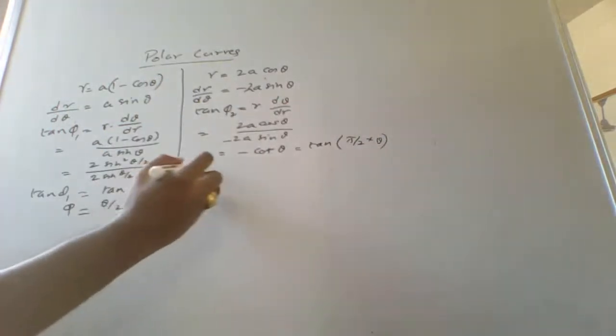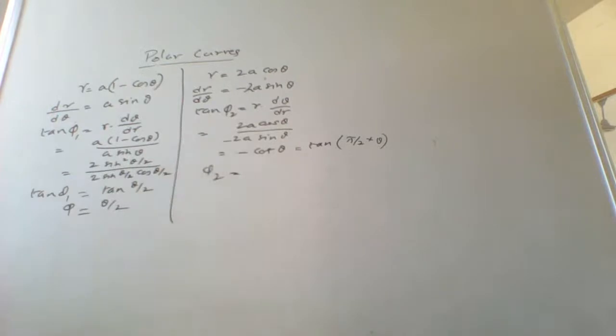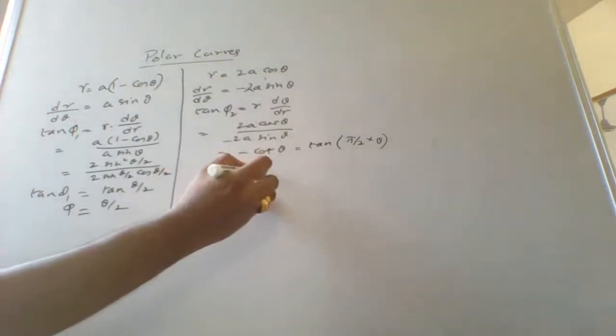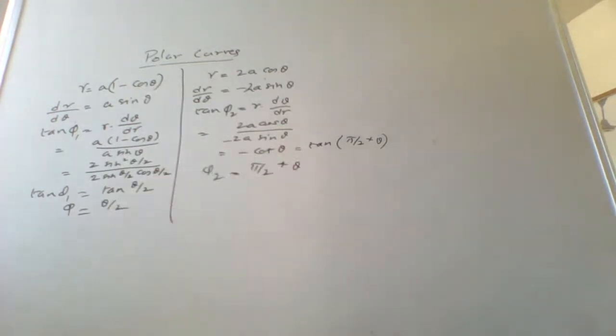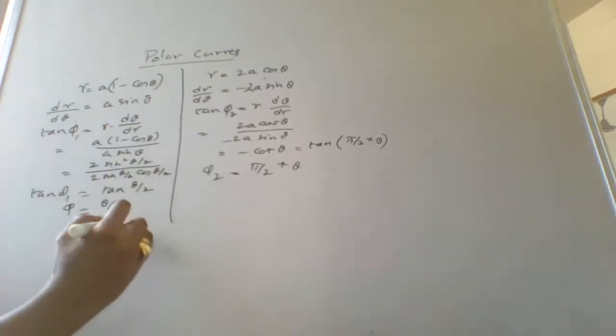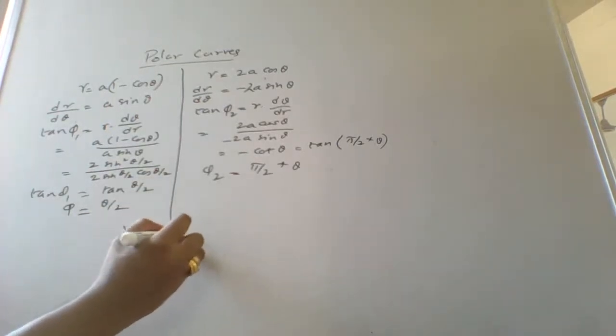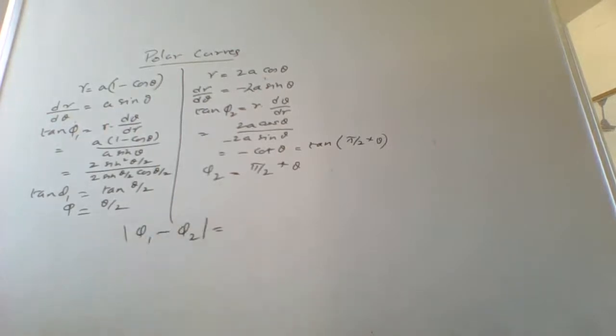Now I need phi 2, so that would be pi by 2 plus theta. Now we have the mod of phi 1 minus phi 2, which, if I simplify, would be pi by 2 plus theta by 2.